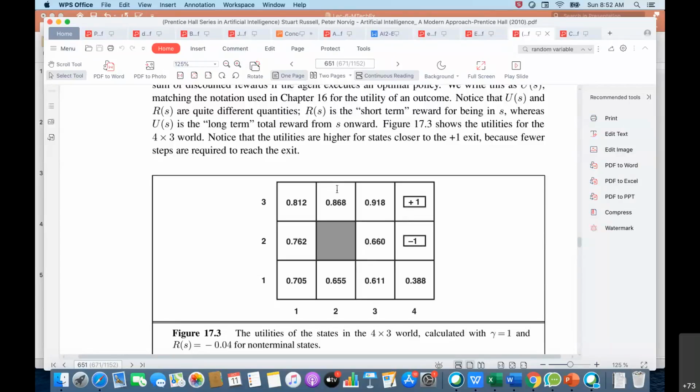Therefore, the preferences for these states are set in this manner. Is this much clear to you?